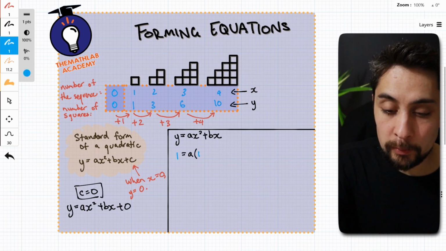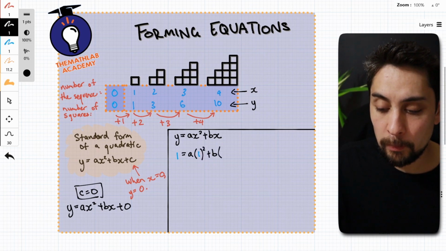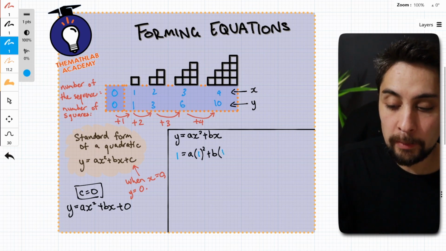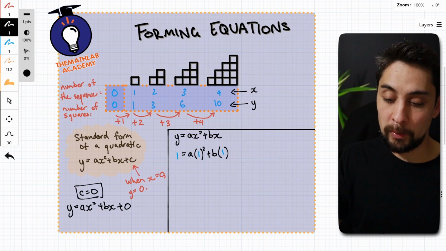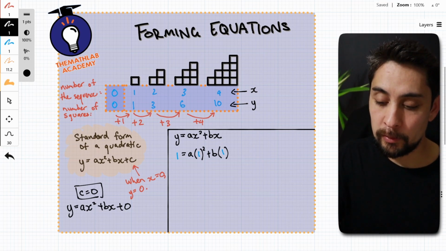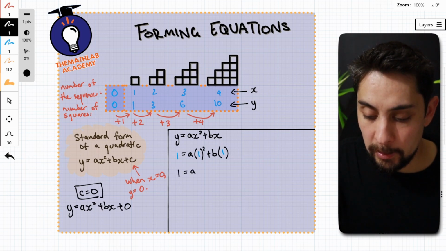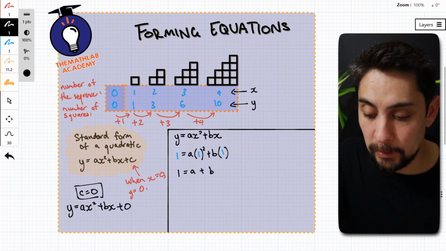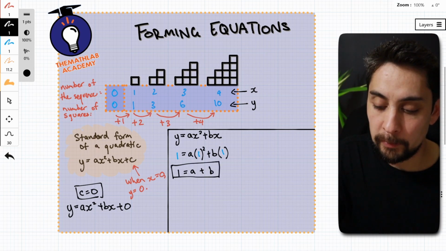Our x values are also 1. So we're just rewriting the top equation, but replacing the x values with 1 and the y values also with 1. Now 1 squared is 1 times a is just a, so we're left with 1 equals a plus b times 1 is b. That's one of our equations, so I'm going to give that a bit of a box.